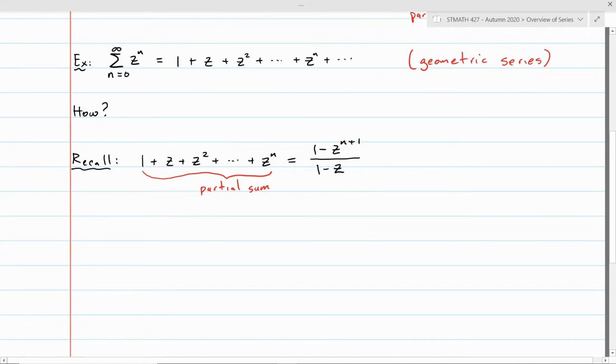Then, if we want to figure out if that series has a sum, we need to take the limit of that. So we take the limit as n goes to infinity of this partial sum, 1 plus z plus z squared plus dot dot dot up to z to the n. Then we'd really be taking the limit as n goes to infinity of 1 minus z to the n plus 1 over 1 minus z.